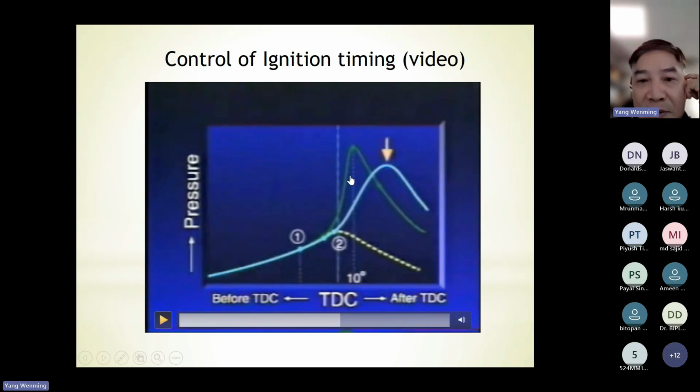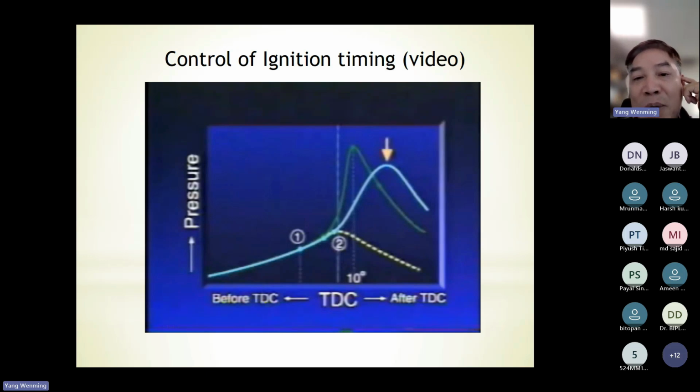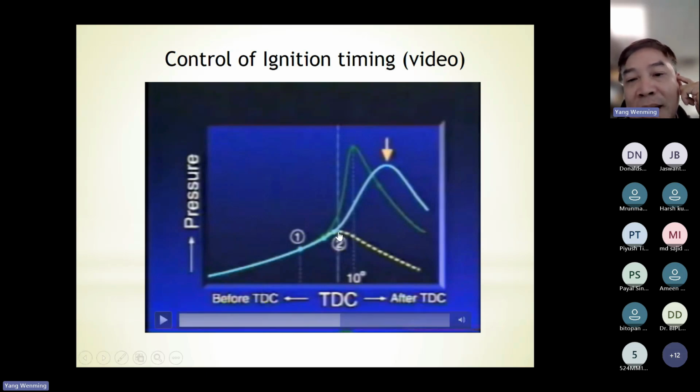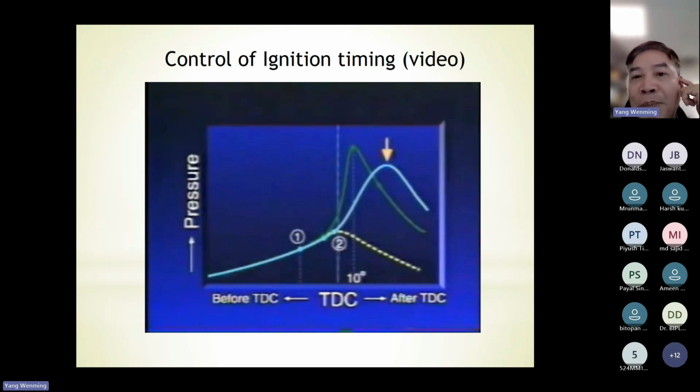This one assumes the engine speed is 1000 RPM, and this one is increased to 2000 RPM. Then we can see that the ignition delay time in terms of milliseconds, in absolute time, is the same.